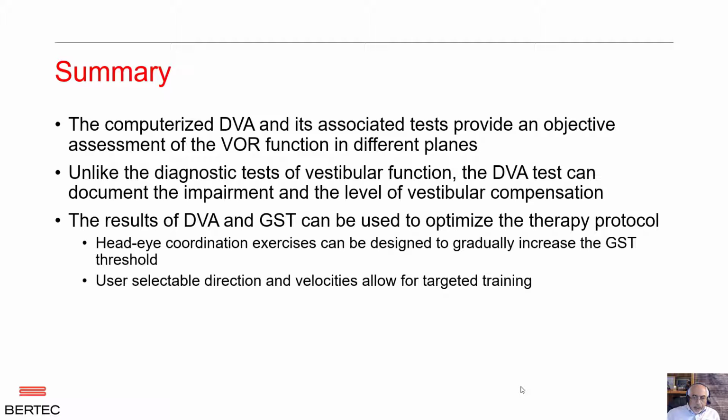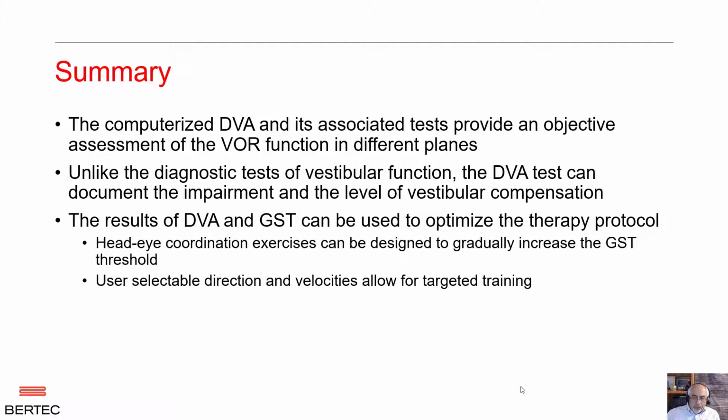So to summarize, the computerized DVA test and GST provide objective tools for assessing the VOR function in different planes. Unlike the diagnostic tests of vestibular function, like the video head impulse testing or the caloric test, the DVA test can document the impairment and the level of compensation.